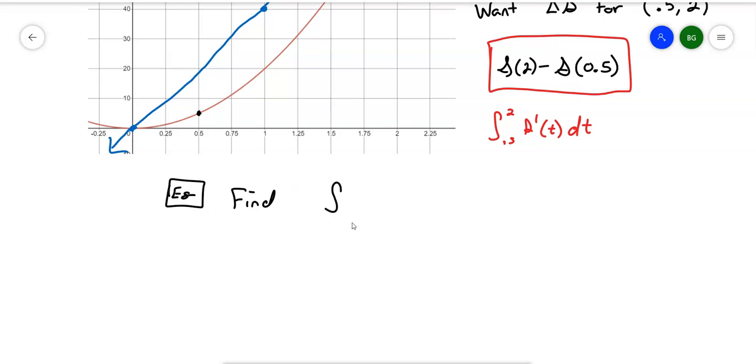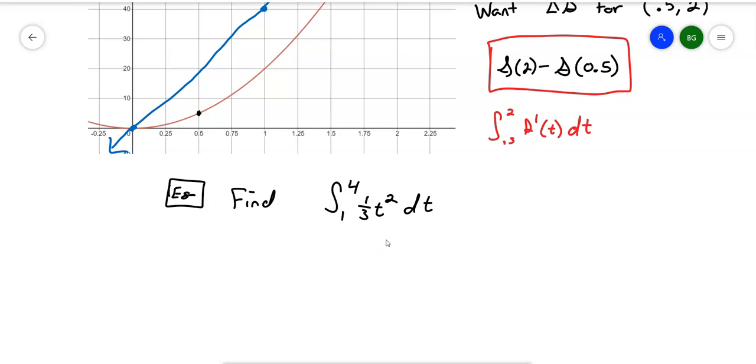Find the area from 1 to 4 under the curve 1/3. I'm sorry, I don't want to do that. Let's see. Yeah, I do want 1/3 t squared. Something like this.